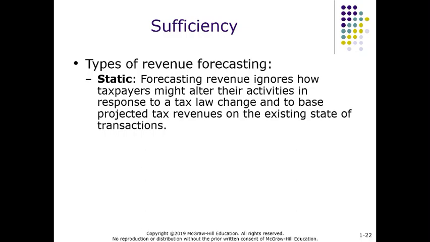Well, the problem is they ignored human behavior. Well, what happened? Actually, tax revenues fell because gun sales fell well below what was projected as far as tax revenues.